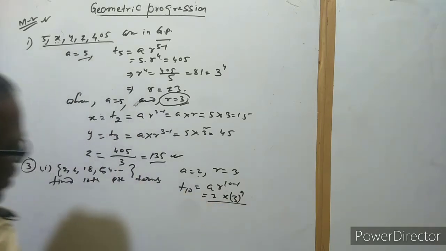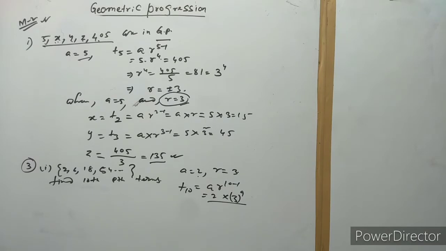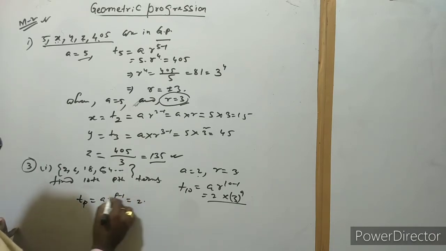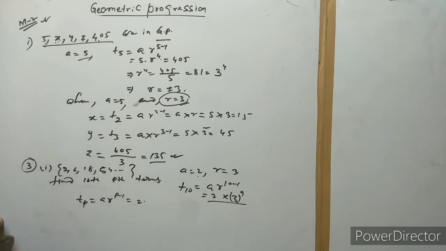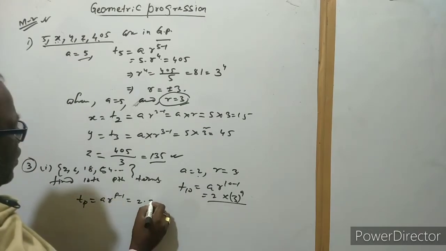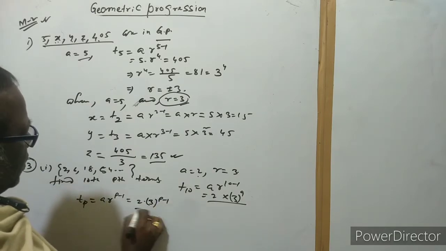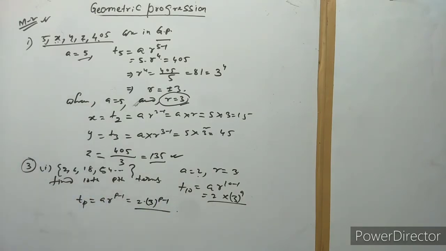So 2 into 3 to the power 9, this is your answer. Now you have to find T suffix P, that is A into R to the power P minus 1. The value of A here is 2, and R is 3, so T P is 2 into 3 to the power P minus 1. This is your answer.